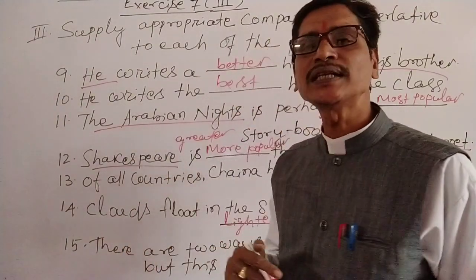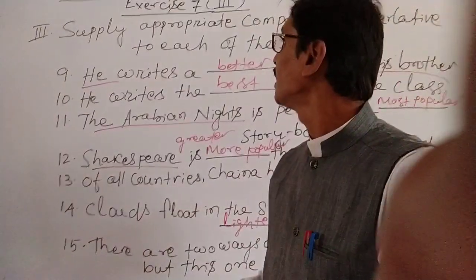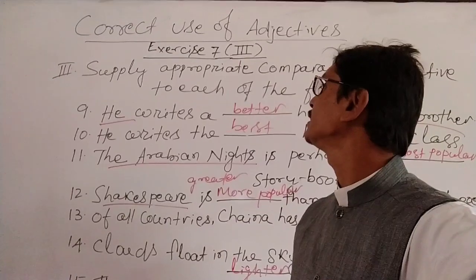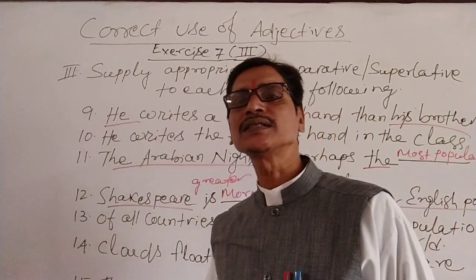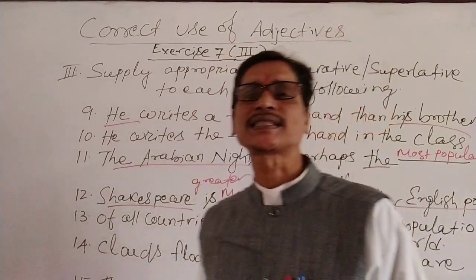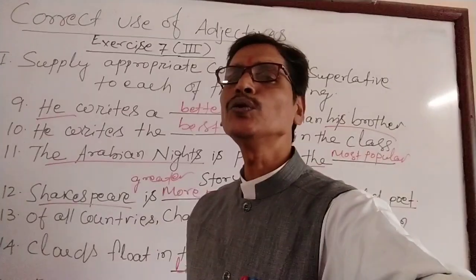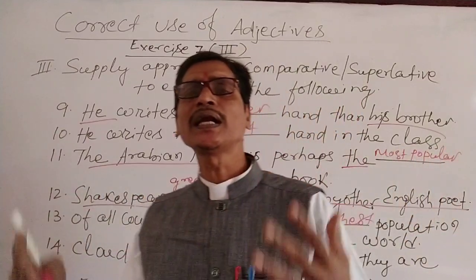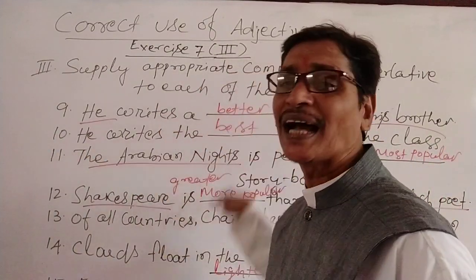Understand? So dear students, today we discussed exercise 7 part 2 and part 3. In our previous video, we discussed part 1 of exercise 7. I am sure in today's discussion, you have understood the use of superlative and comparative degrees used in blank spaces.